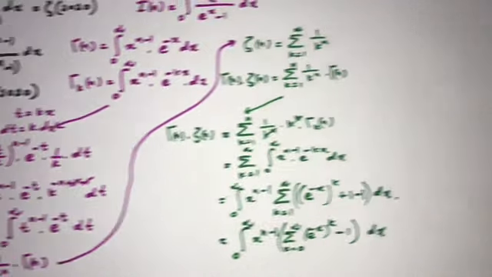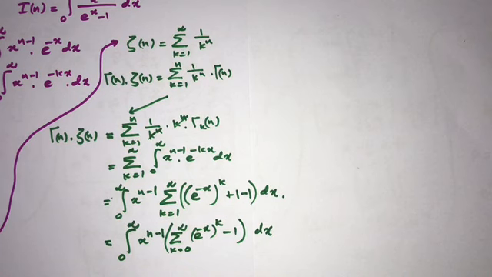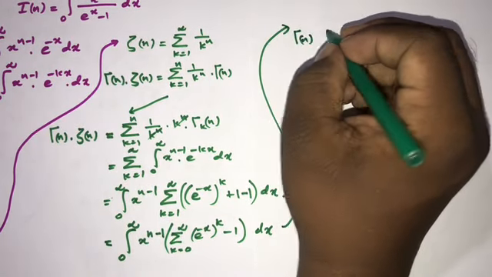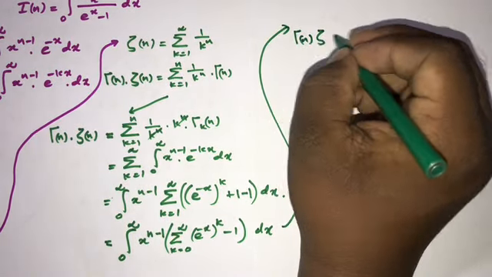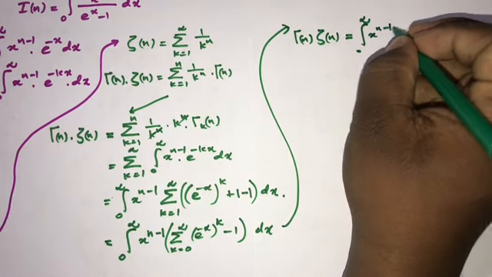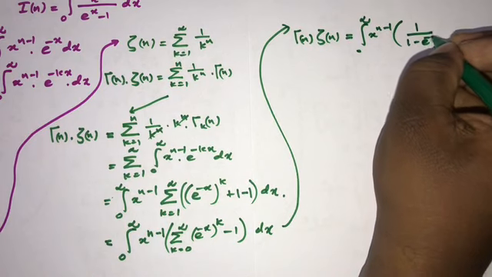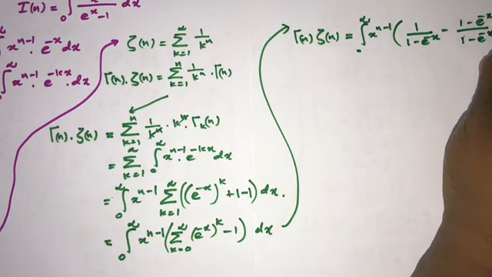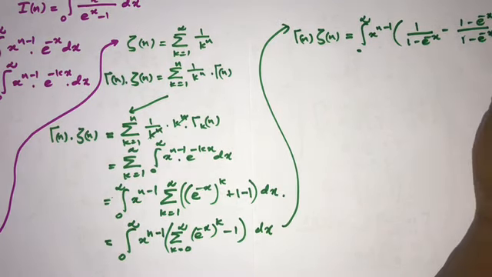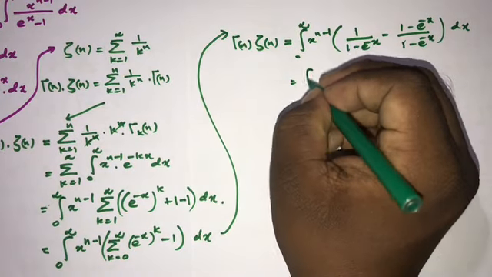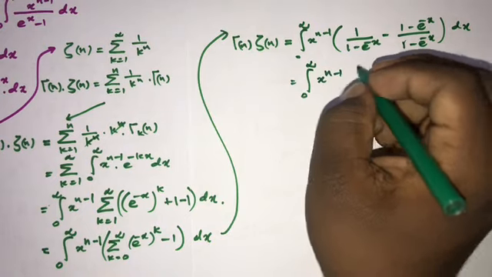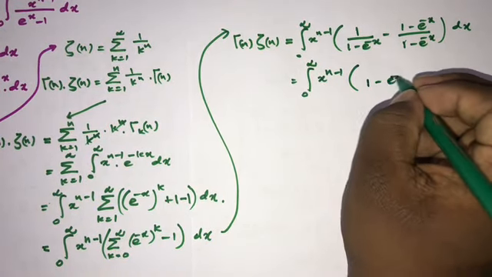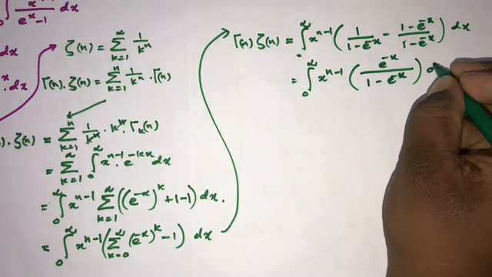Okay, then what can we do now? We can use the geometric series of 1 over 1 minus x, so we can write gamma of n zeta of n is equal to the integral from 0 to infinity of x to the n minus 1 times (1 over 1 minus e to the minus x, minus 1) dx. Then we can simplify: x to the n minus 1 over 1 minus e to the minus x, where the 1 minus 1 cancels, leaving e to the minus x, dx.